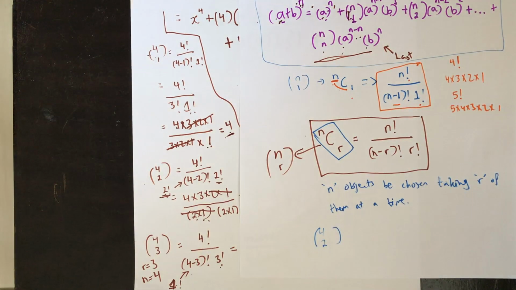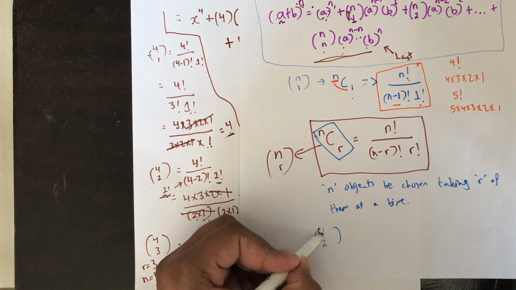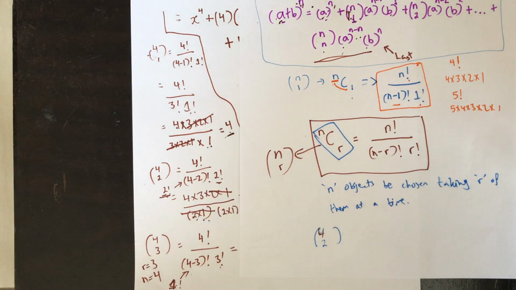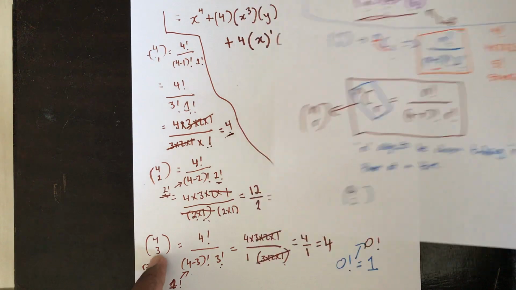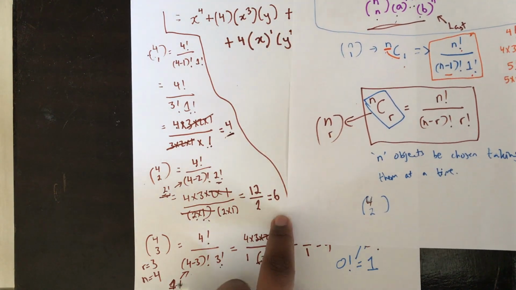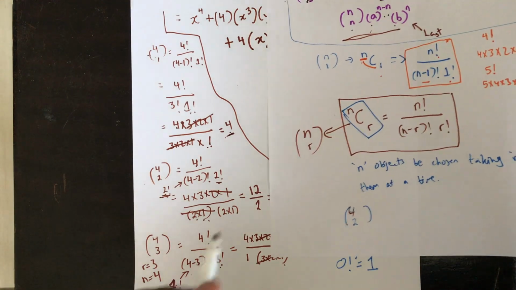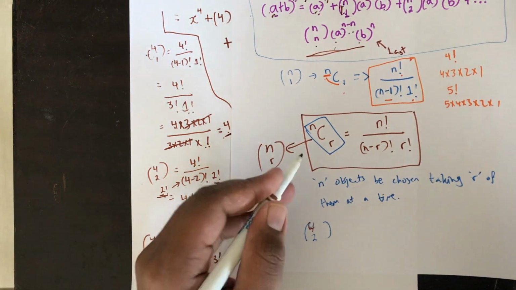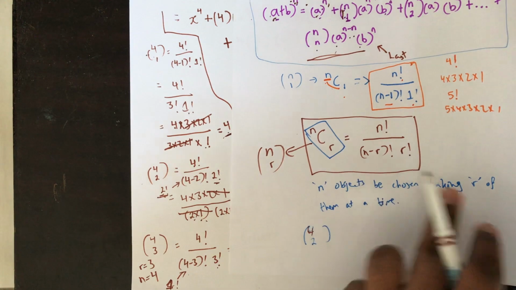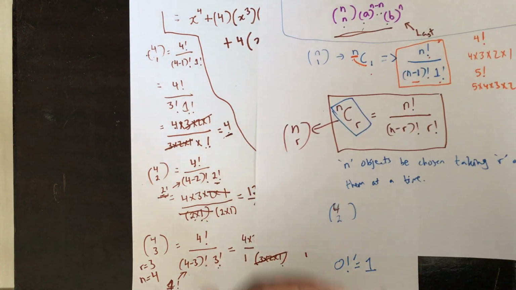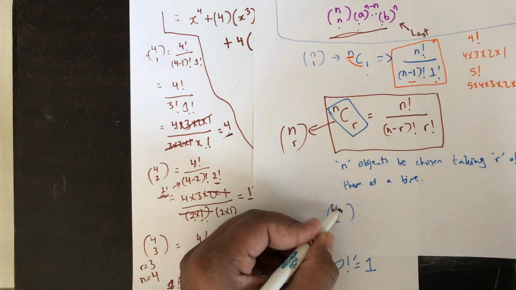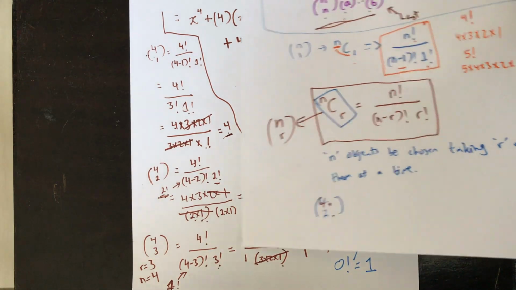This is saying in how many ways can 4 objects be chosen taking 2 at a time. The answer is actually 6. We'll get to that later, but just know that this means in how many ways can n objects be chosen taking r of them at a time.